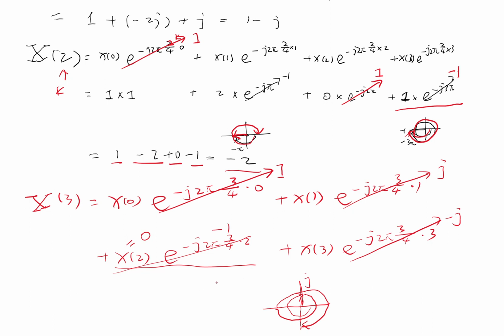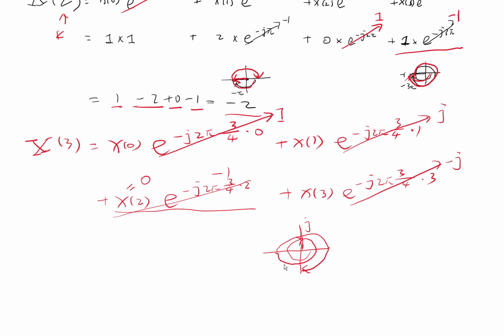All right. So if you still remember all these x, for the first one, x0 is 1. 1 multiplied with 1, plus x1 is 2 multiplied with j, plus a 0 multiplied with a negative 1, plus the last bit is also 1 multiplied with a negative j.